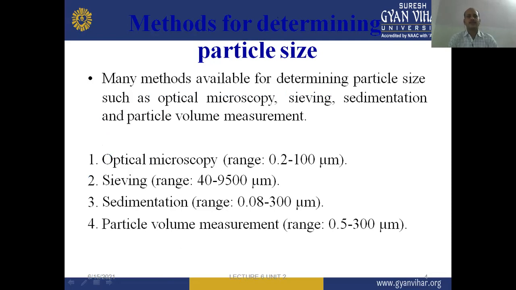So, methods for determining particle size. As we earlier discussed in the micromeritics introduction, this is the science and technology of small particles. There are different parameters which affect the physical, chemical, and pharmacological properties of any drug, and particle size, shape, and surface area are very important in that aspect.